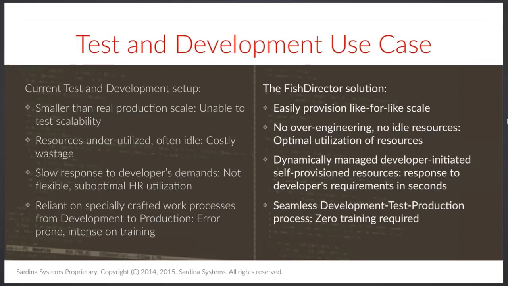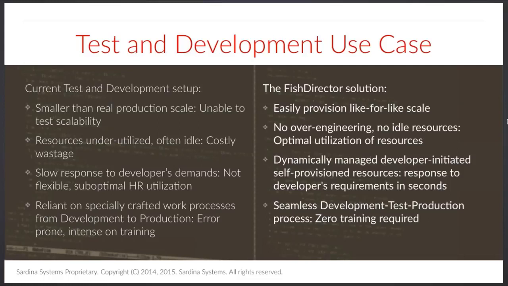And when developers want to test certain capabilities, it's also very slow to respond to that requirement, which then means utilization is suboptimal. And after all that, to take the software from development into production, you again have to craft work processes which are error-prone and intensive on training.